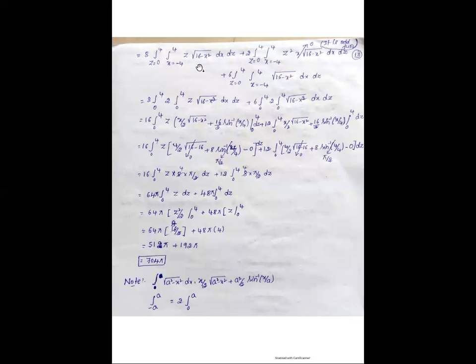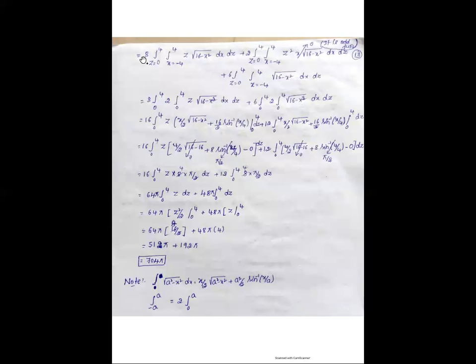Next, take the product: 4z into this term, xz square into this term, 3 into this term. So 2 is a constant, take outside, so 4 into 2 is 8, integral of 0 to 4, x varies from minus 4 to 4, z into square root of 16 minus x square dx dz.